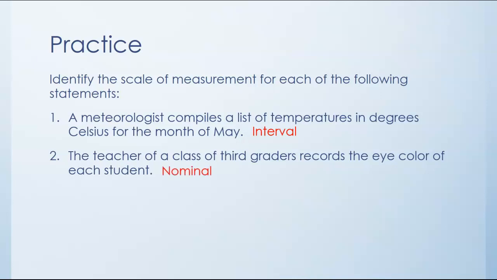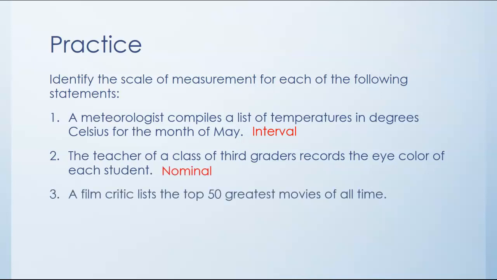So that is nominal. Our third one here is a film critic lists his top 50 greatest films of all time. So hopefully we're thinking, if I'm listing them, that automatically knocks out nominal. So now I'm down to ordinal, interval, or ratio. Now remember, for interval and ratio, the distance between two values has to be the same.